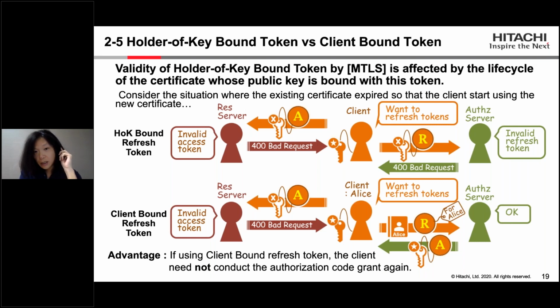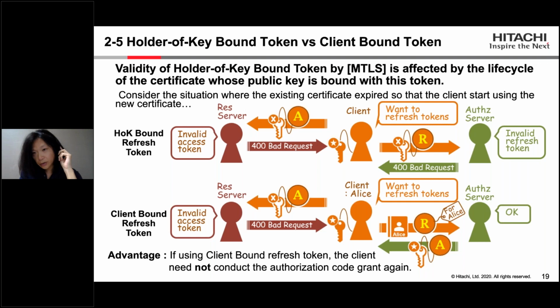And this client wants to access the resource by sending the holder-of-key access token to the resource server. In that case, this request fails because the resource server judges this holder-of-key access token to be invalid too, due to the old bound certificate having expired.